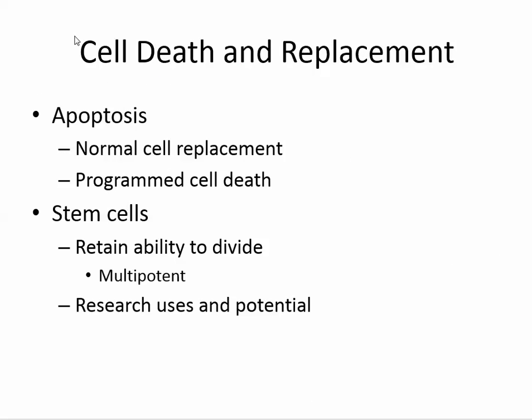All right. And then the last thing we're going to talk about is apoptosis, cell death and replacement. If you know someone or if you have a patient that has a stroke, a lot of times you have cells that die.